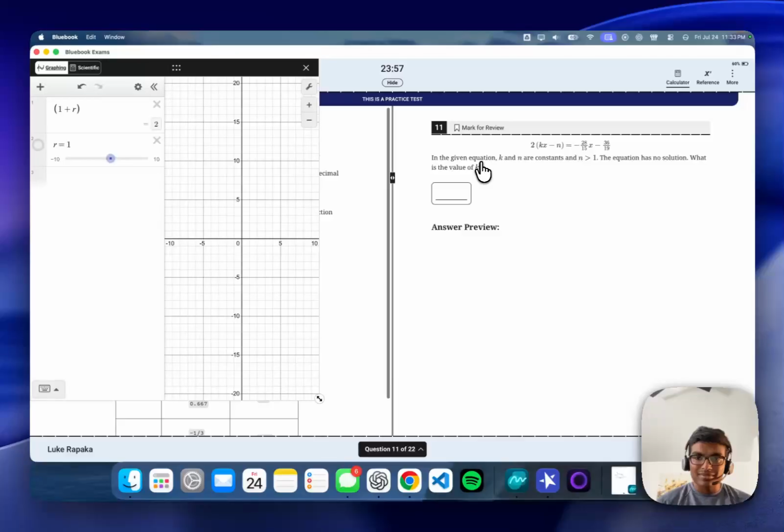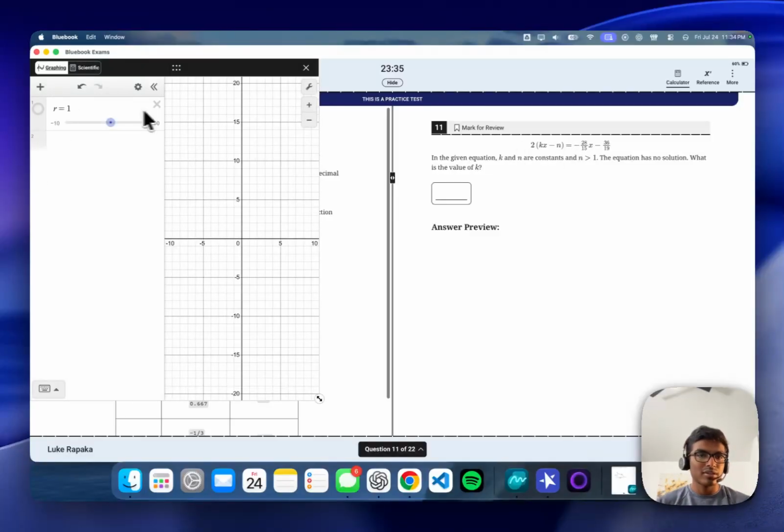Okay, in the given equation, k and n constants, n is greater than 1, has no solution. Huh. Okay, so if I see they have no solution, that means I need to get the slopes to be the same, right?